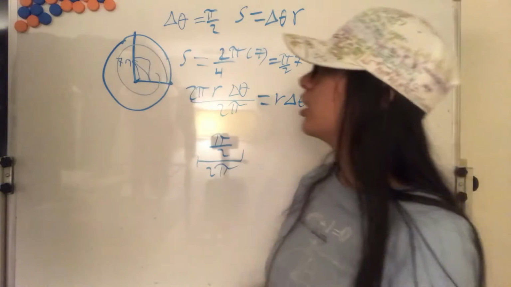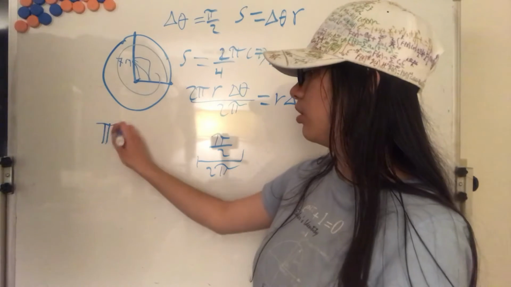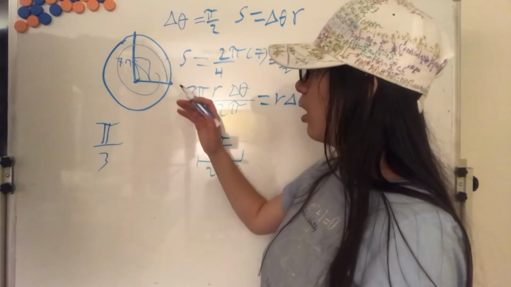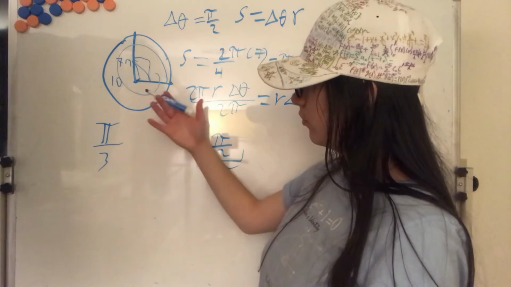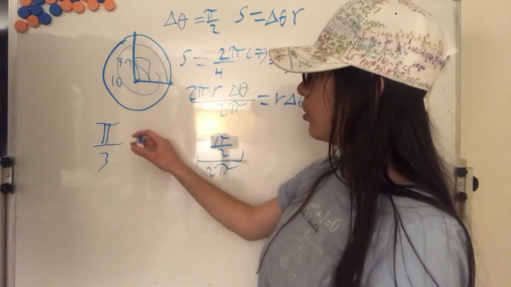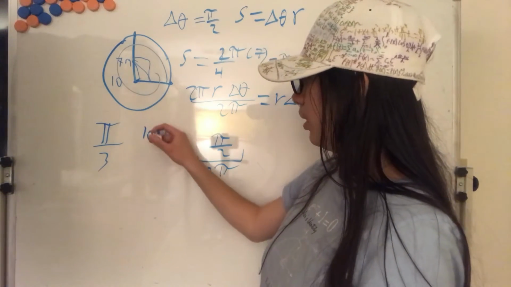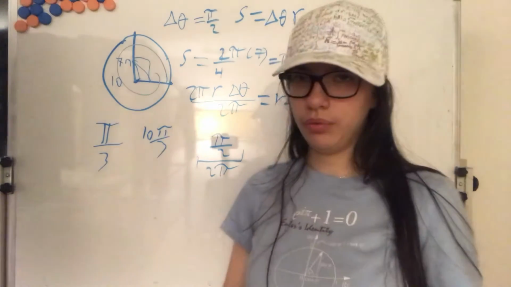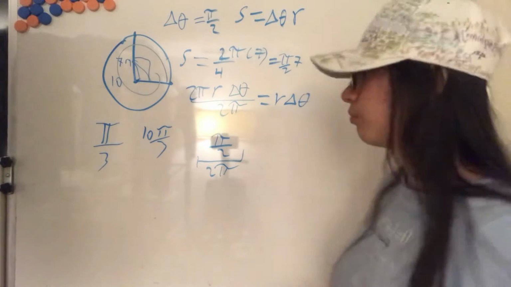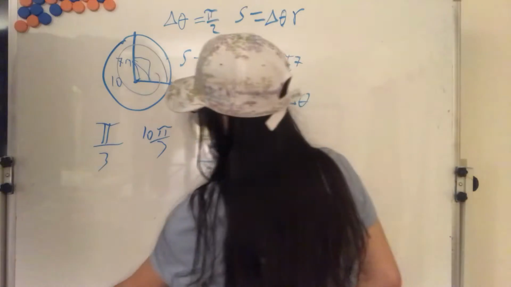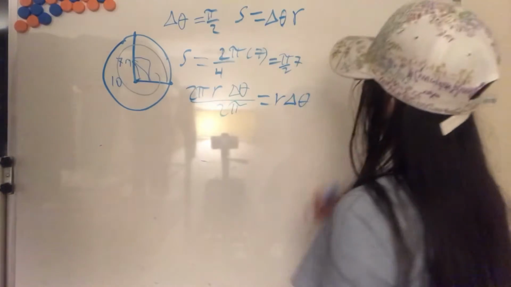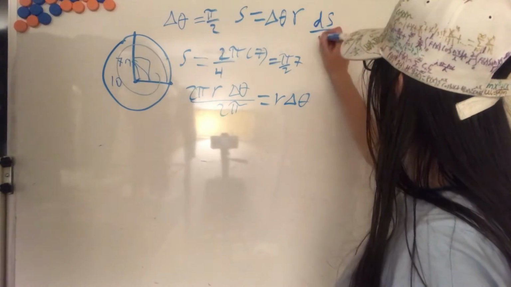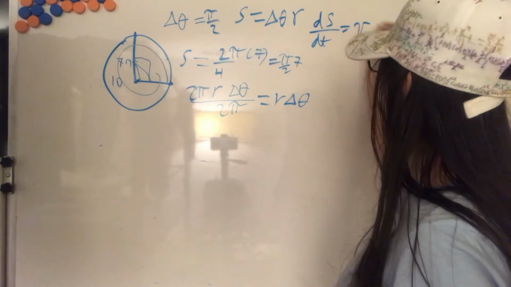If I know that the displacement was pi over 3 and the radius is 10, I know that the displacement was 10 pi over 3, and that is the only thing we need to do. Now, for the velocity, we know that ds on dt is velocity.